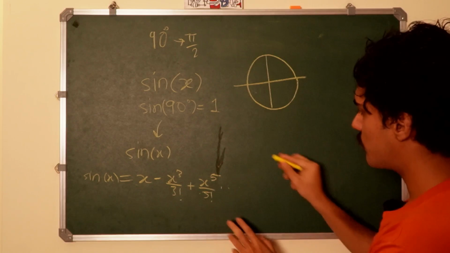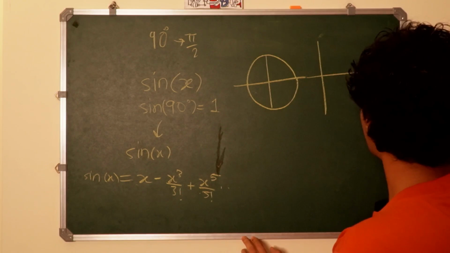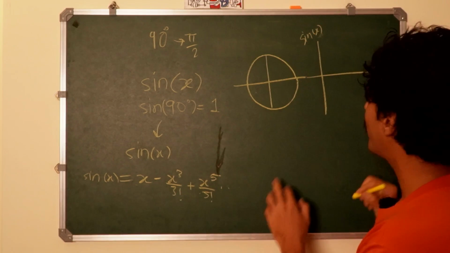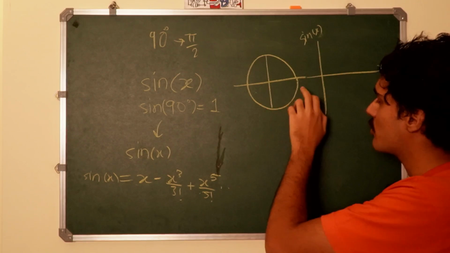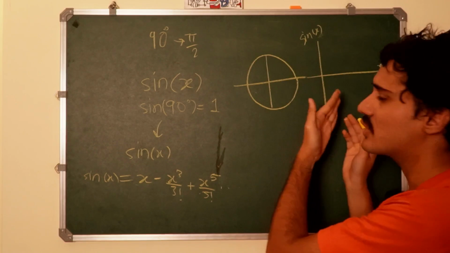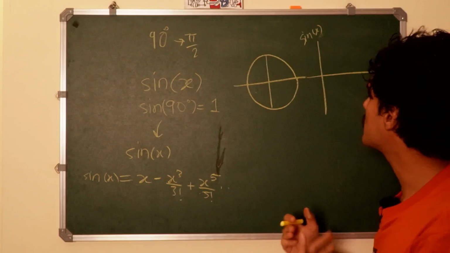If you want to plot a graph of sine of x versus x, now we understand x as an angle, but how do you, in real life, increase an angle? You can think about distances.